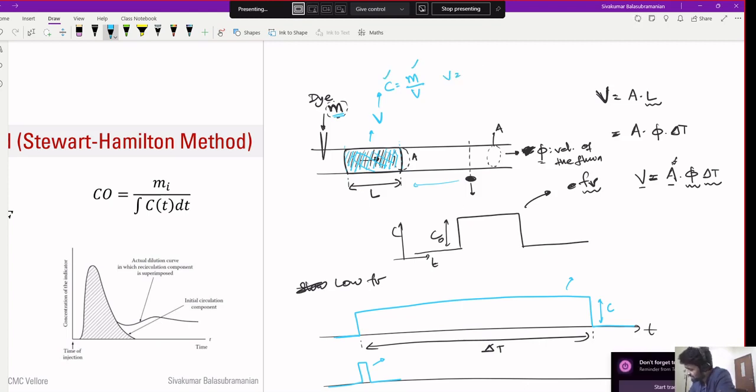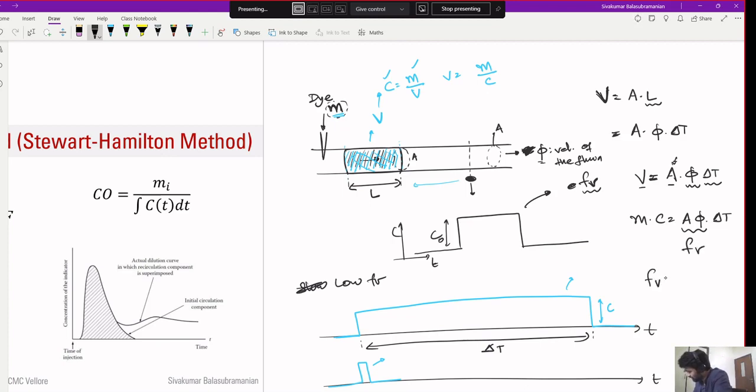That means V is simply M by C, right? So we replace this here. M by C is phi times delta T. This is FV, volume flow rate. So our volume flow rate is simply M by C delta T.